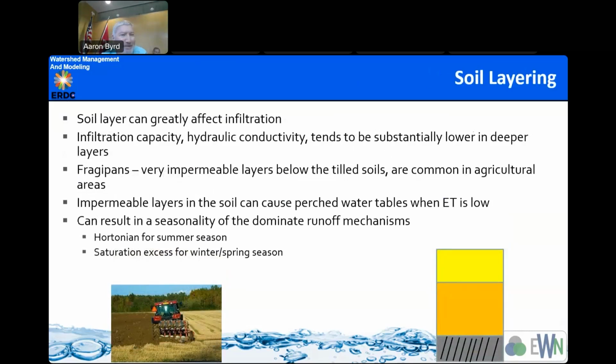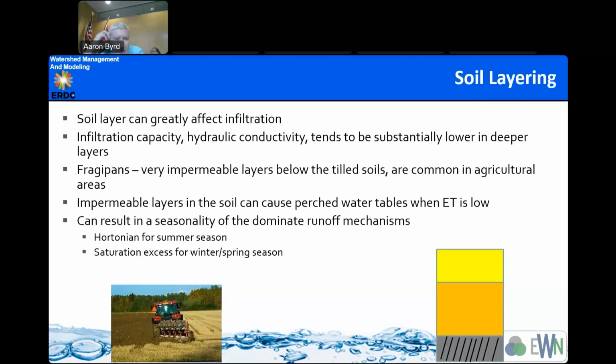Just sad, I guess. I don't know. But it has a huge effect on infiltration, and it's ignored a lot in hydrologic modeling. The infiltration capacity, the hydraulic conductivity, all these kinds of properties tend to be substantially lower deeper. As you get deeper, the soils get tighter in general.